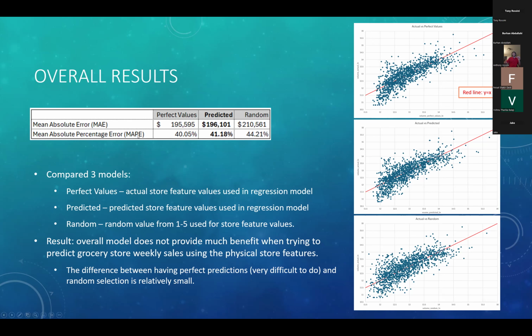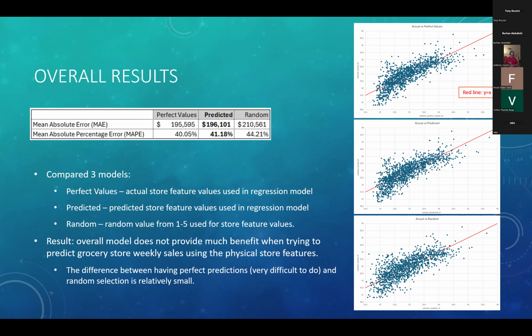So we can see from the mean absolute percentage error that the perfect values was the best as expected. My prediction was at 41%, which means that on average, the prediction was off by 40%. And then the random sample was at 44%. So it is good that my prediction was better than the random sample, but it's bad that it wasn't really that much better.